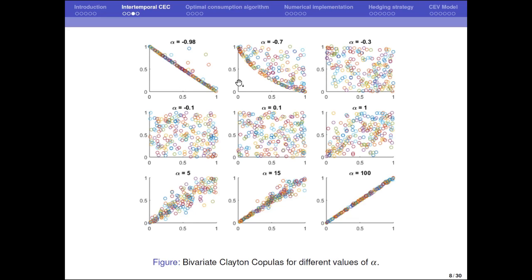If I let alpha be close to 0, we don't have a correlation structure. And if I let alpha tend to infinity, I have a bigger and bigger positive correlation structure. So you can visualize here that from alpha equal to 15 or more, equal to 100, I have an almost perfectly positive correlation structure.